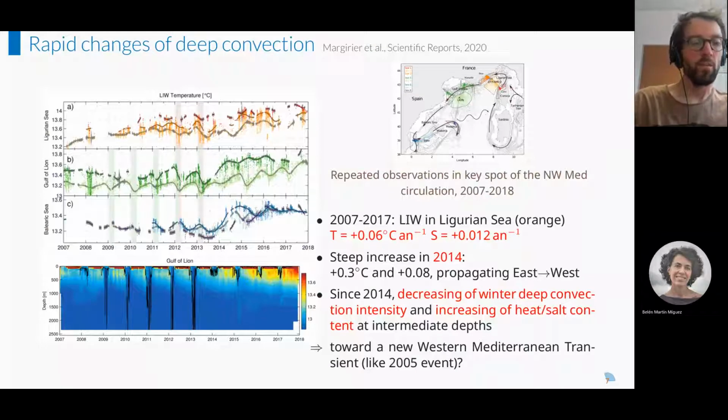That also happened at a time where the convection is much less intense. So the heat content and the salt content of the water column in this area has really increased. And we can expect that next time there is a very strong deep convection event, the deep waters are going to be changed quite a lot.